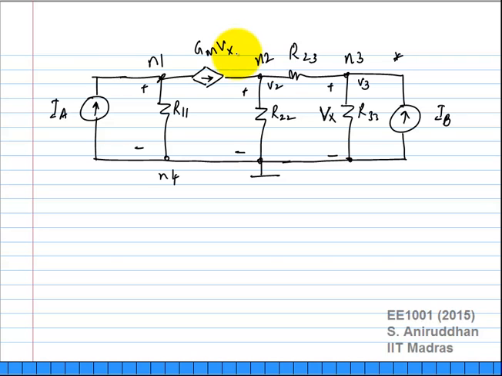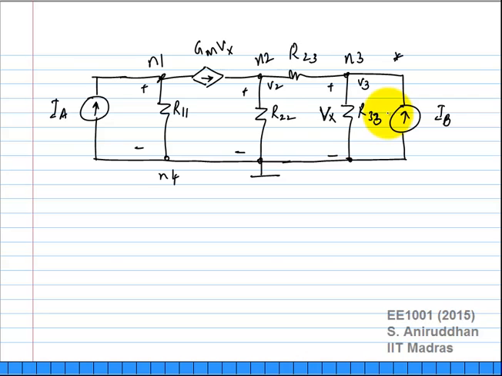Remember, if you want to multiply a voltage with something to get a current, that will look like a conductance, that's why I've used the variable G, so I'll call it Gm here. So this will be some Gm times Vx, and what is Vx? I have defined it as the voltage across R3.